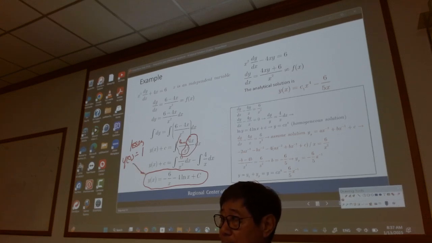So this constant can be found by using the boundary condition. Because this is first order, we need only one boundary condition, the initial condition. Okay.